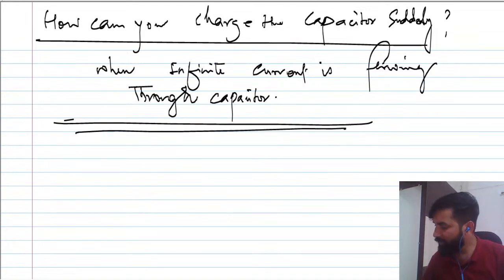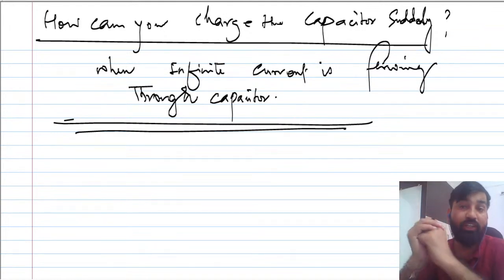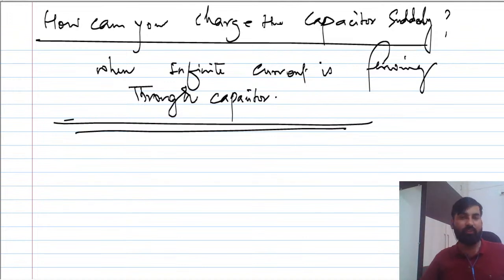When can you charge the capacitor suddenly, guys? Directly you can charge the capacitor only when infinite current is flowing. If there is a finite current flowing through the capacitor, your capacitor cannot change its voltage instantaneously, or you can say suddenly.